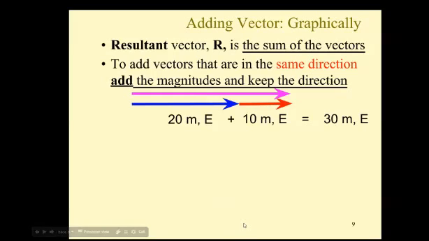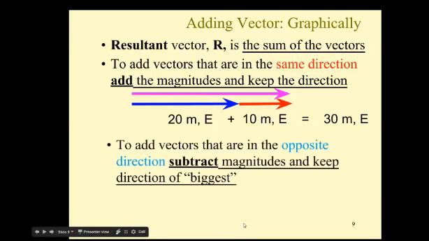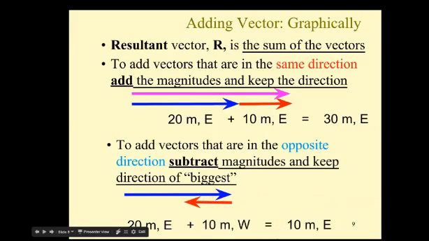Now, to add vectors that are in the opposite direction, instead of adding, we're going to subtract the magnitudes and keep the direction of the, quote, biggest. Let me show you what that means. If we had that same 20-meter vector going to the east, and now we add to it a 10-meter vector pointing to the west, then we actually subtract the two, and we would end up with this little vector that's 10 meters pointing to the east.